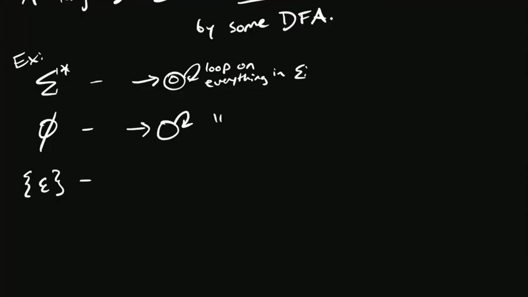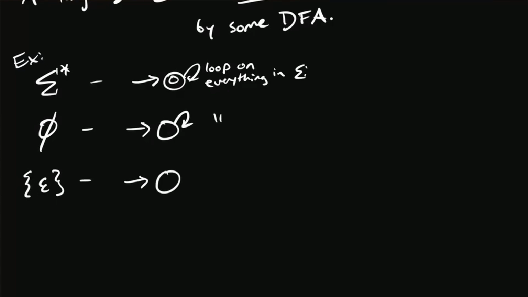Okay, so how would I actually do this? This one's a little more complicated. If the string has any characters at all, I don't want to accept it. So what do we do there? Can I get away with one state? No, I don't think so. What about the start state?